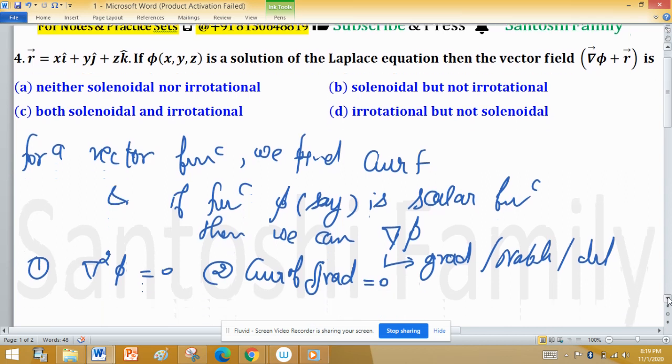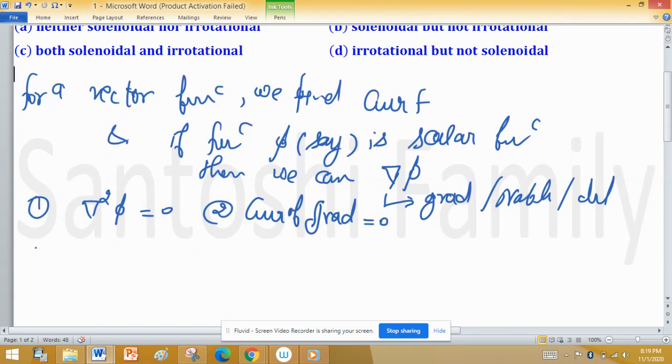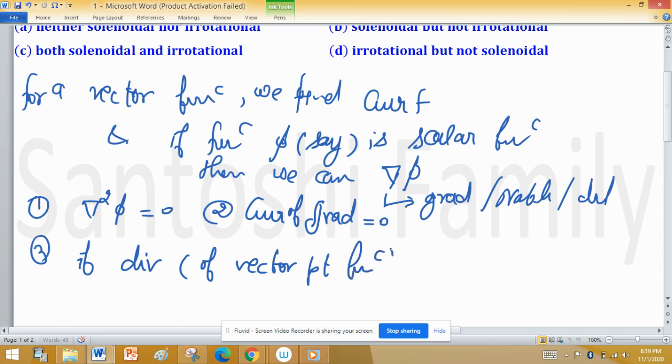Third point is, as the options are telling about solenoidal or irrotational: if divergence of a vector point function equals 0, then it is solenoidal.